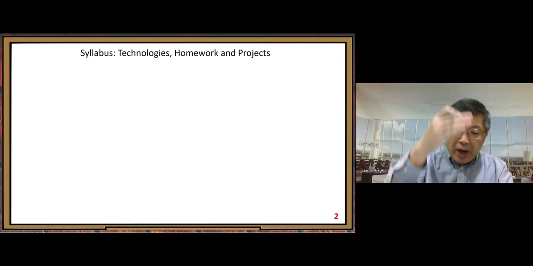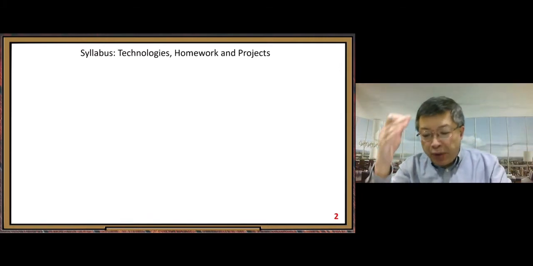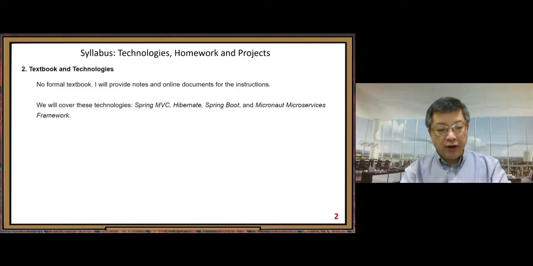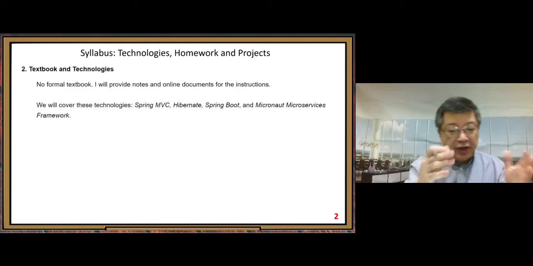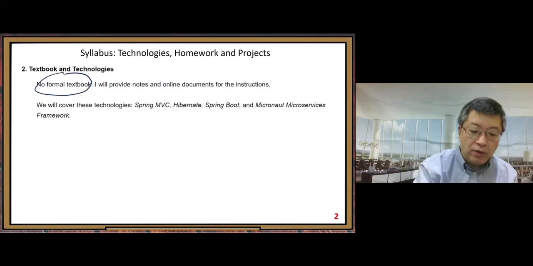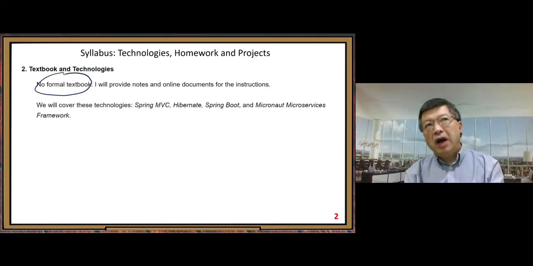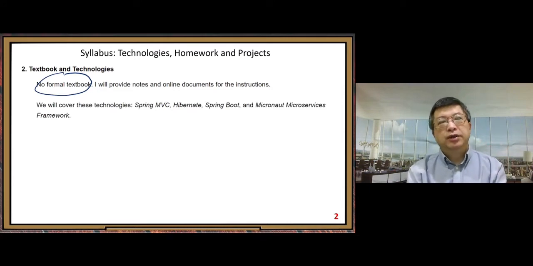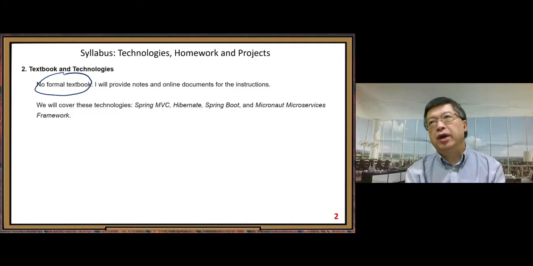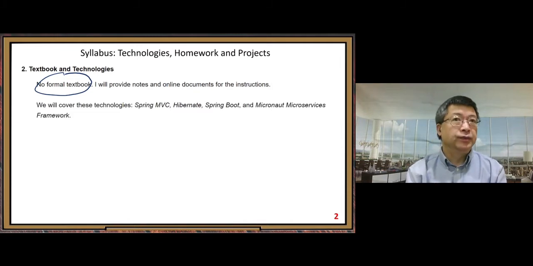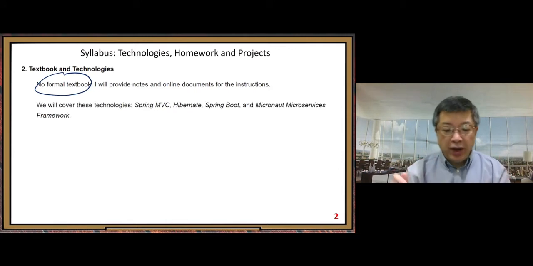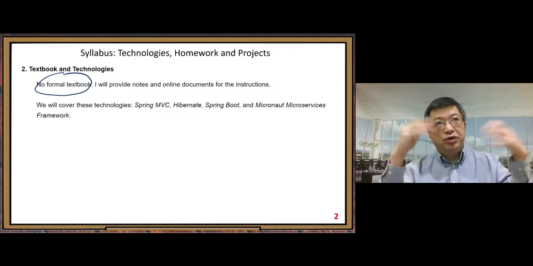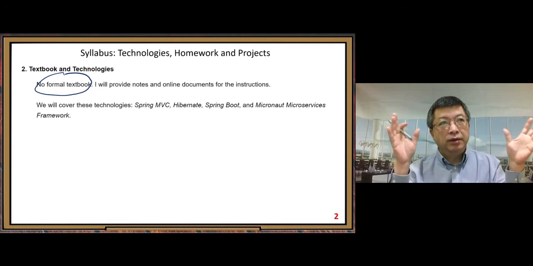Next, technologies, homework, and projects. First, regarding the textbook and the technologies. I do not select a formal textbook. Although I selected one before, I felt the result was actually not very good. So this time I do it this way: I provide you complete, detailed notes.